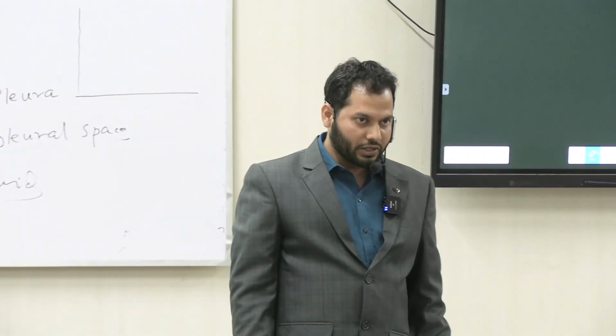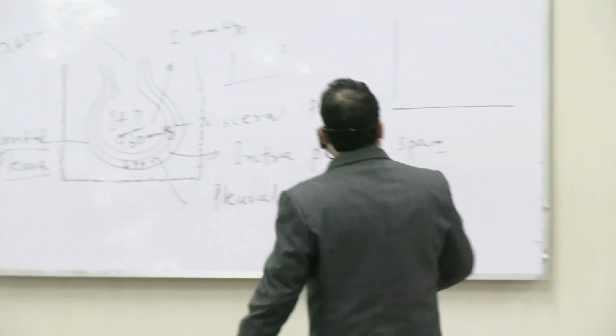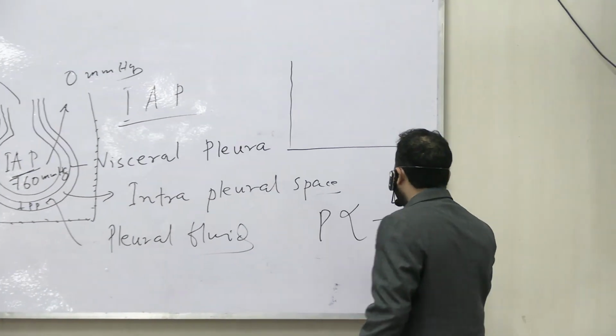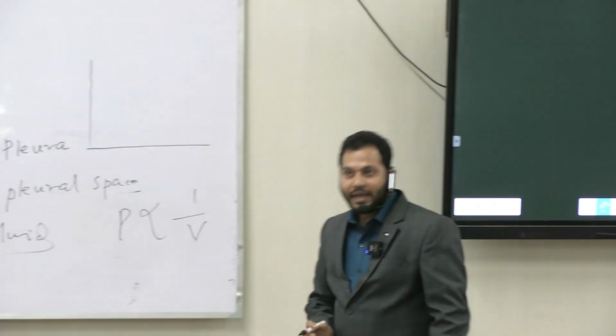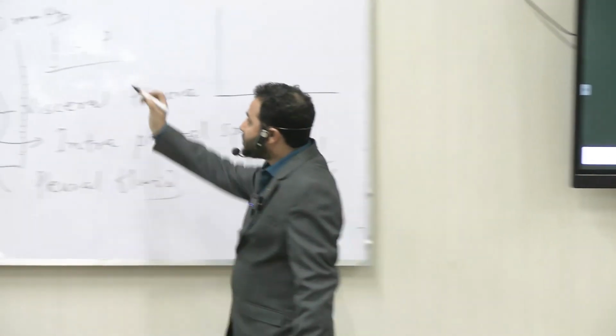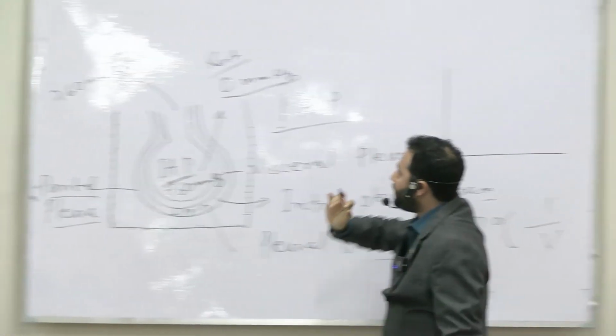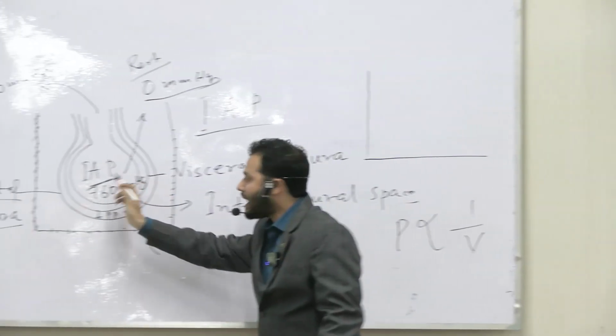This is an inverse relationship. That is, P is proportional to 1 by V, right? As I mentioned, at rest, the pressure is 0 millimeter mercury inside lung alveoli.